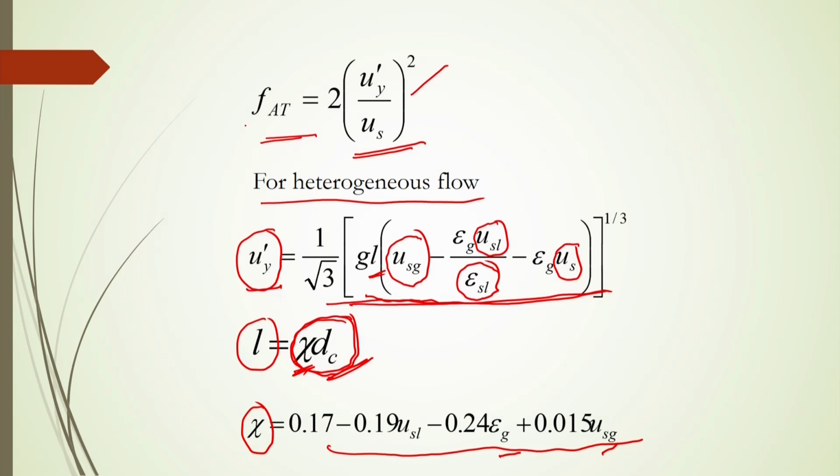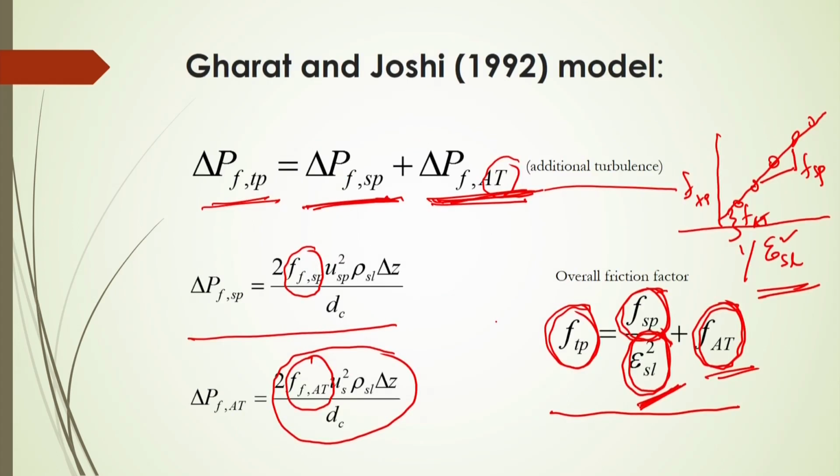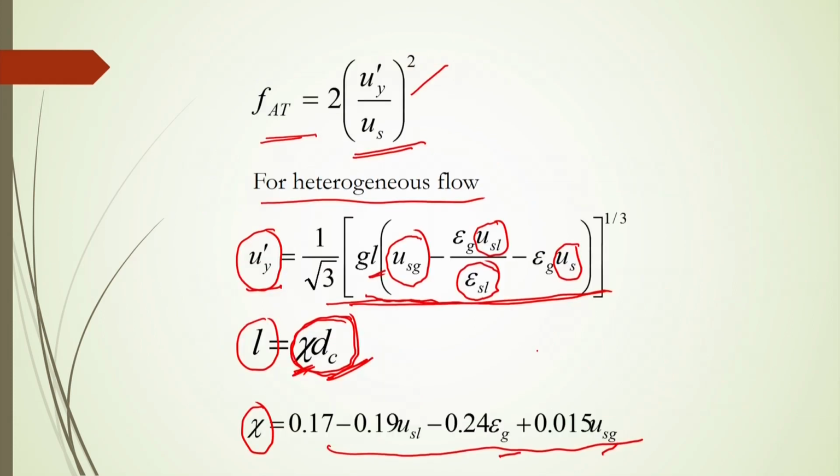Now, this additional turbulence, if you calculate from the overall friction factor, and if lambda is an unknown parameter here, you can directly obtain it from this overall friction factor, and if you can correlate again with the liquid velocity or slurry velocity or gas velocity here, you will see what will be the deviation from this.